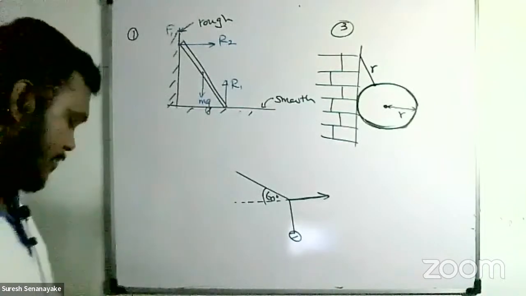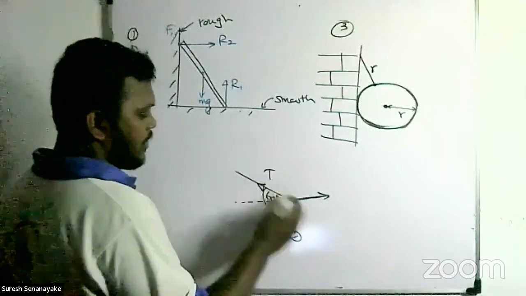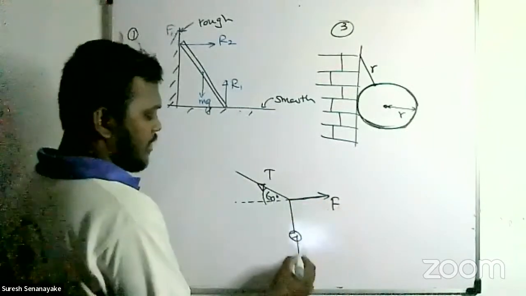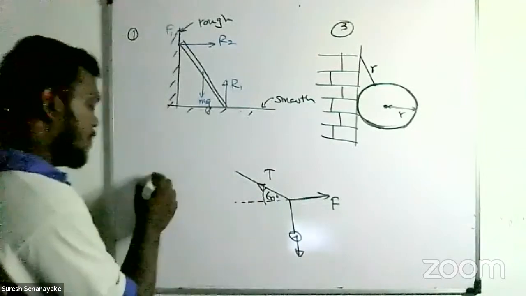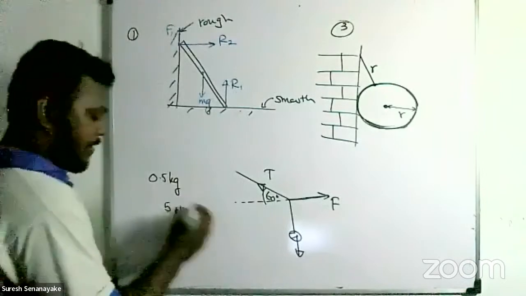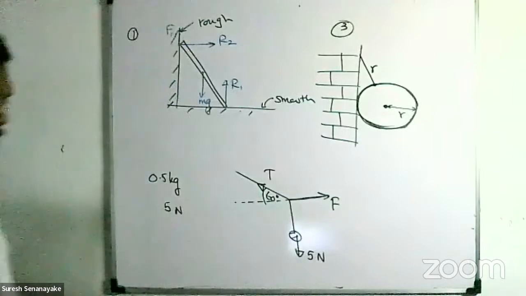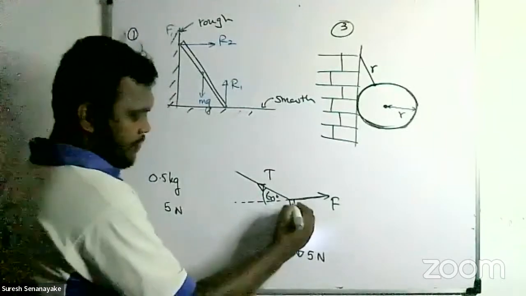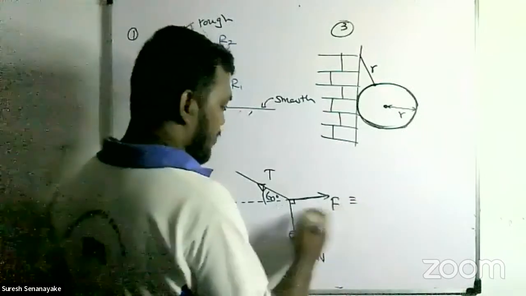And in here, tension applies and the force F is applied there. And the weight is 500 gram, so 0.5 kilogram means that's 5 Newton weight. So this is 90 degrees, right? We can draw the triangle corresponding to this.